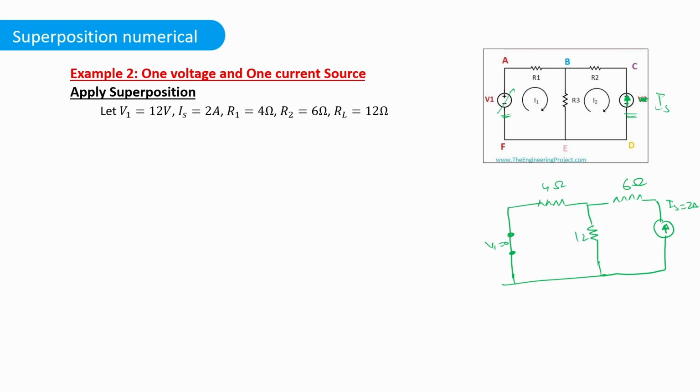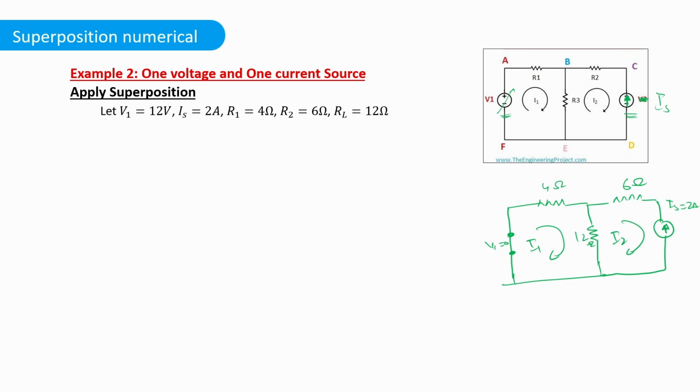This is 12 ohm. Now, once again, we have to define the flow of current. So let's go with clockwise direction. So this will be I1, this will be I2. Now, once again, we know that in this circuit, the flow of current is IS due to the source current, right?